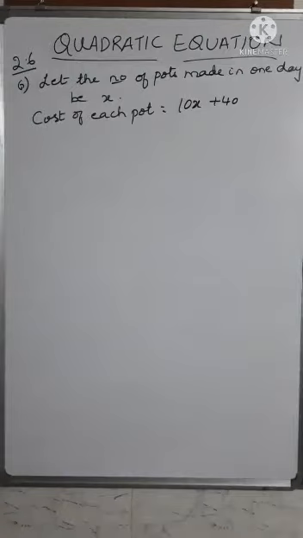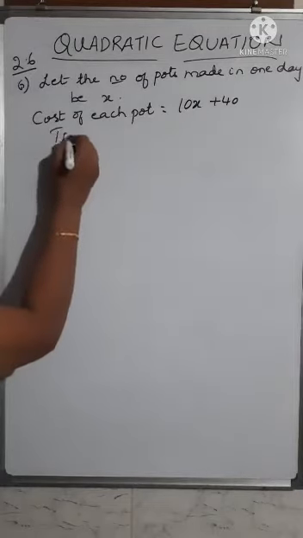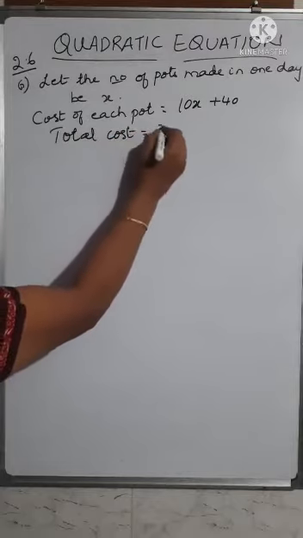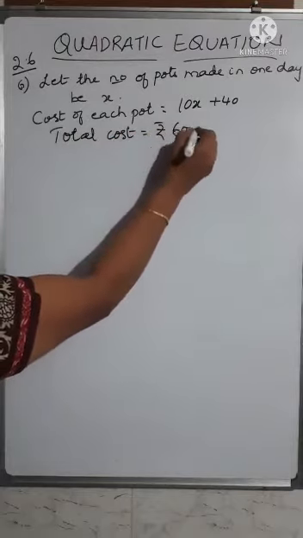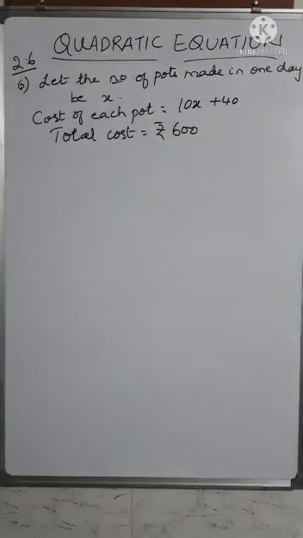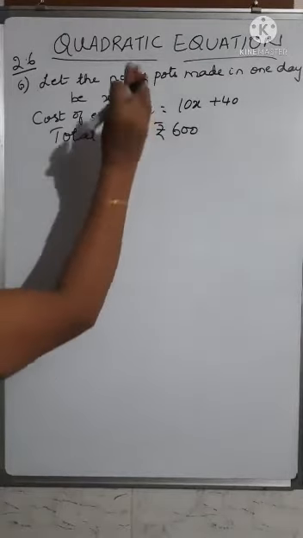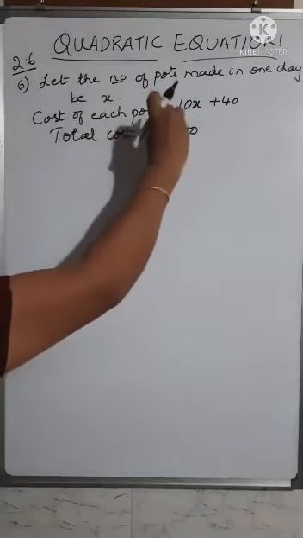Now next what they have given is the production cost of all the pots per day is 600. That is the total cost of the pots is given. The total cost of all the pots he made in one day is rupees 600. Now to frame the equation, for total cost is given. How can you find out the total cost? It is nothing but the number of pots made in a day and cost of each pot.